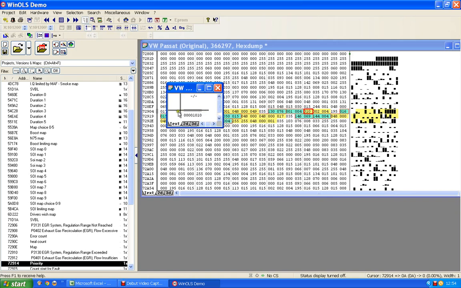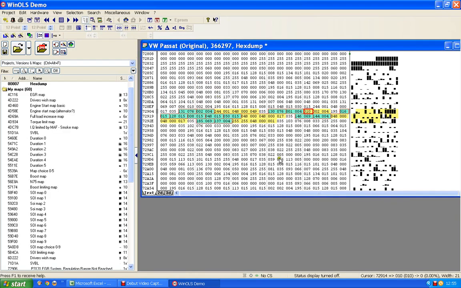So maybe this code is telling us there the mill light should be on, and here it's telling us something else about that. I do have an idea about how some of this works, but I'm not 100% sure, so I'm not going to say anything about it here in case I'm explaining something that's completely wrong.